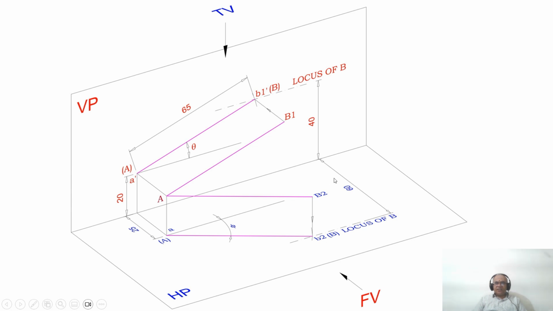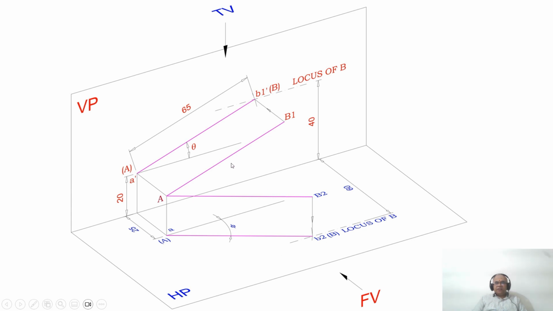And he says since it is the true length of the line, you have got the fixed point A, but we don't know where exactly that point B1 dash is going to lie on the locus of B. Similarly, the point B2 is going to lie on the locus of B in the top view. Since it is the true length, it will be parallel to VP here and this will be parallel to HP here.